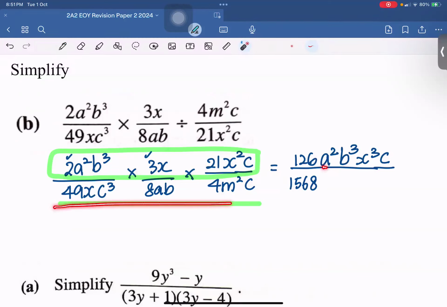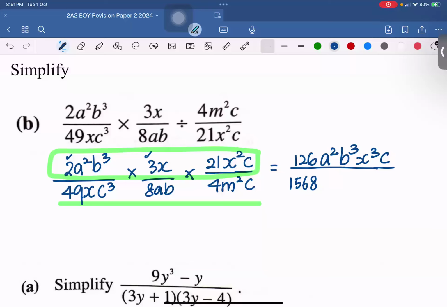Then I check A. Got any A? Got this A. A square? Where is the A plus A? Here. Oh wait, in the denominator I thought the 9 was an A. It's only 49, this one 49. Okay, my handwriting.